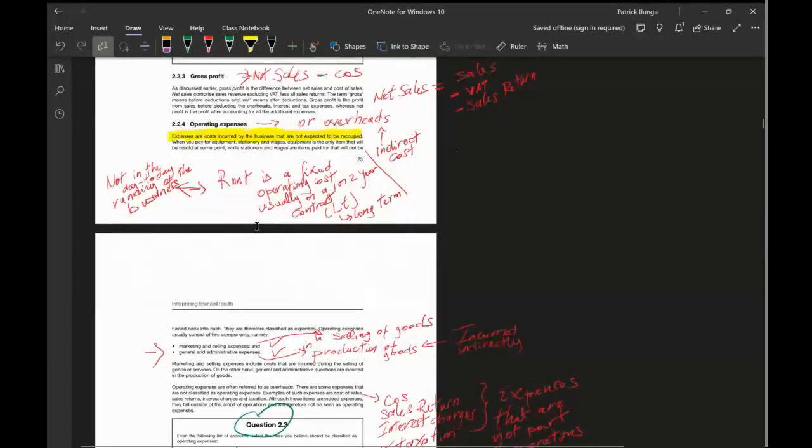You're not expecting to get that back. Rent is a fixed operating cost, usually on a one or two year contract, so it is long term. We are talking about a company, not a person. When a company signs a lease agreement, they sign it for the long term, so it's not a day-to-day running expense for the business.